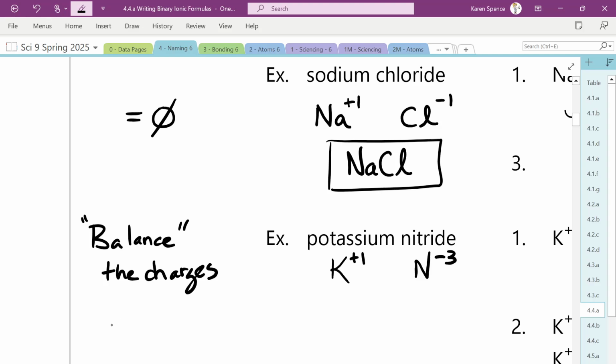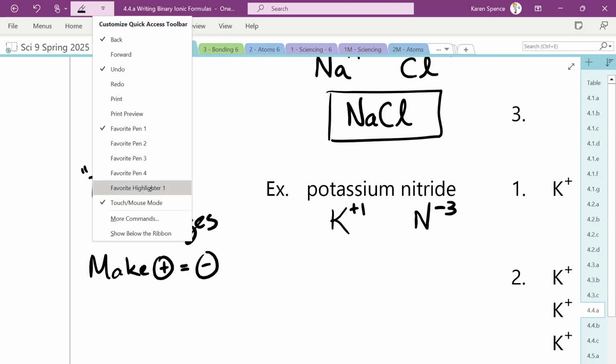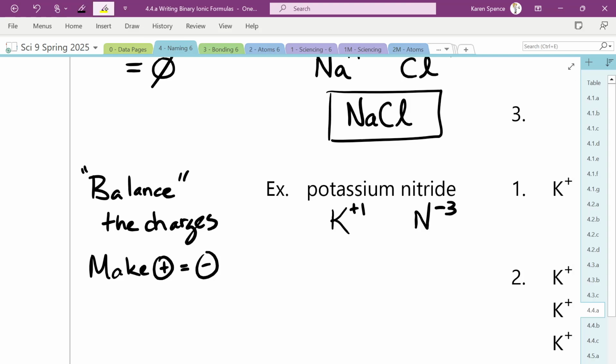And what that means is make the positive equal the negative. How can we make the positive the same as the negative here? We've got 3 negative, but we only have 1 positive. Yes? We add more potassium, exactly.